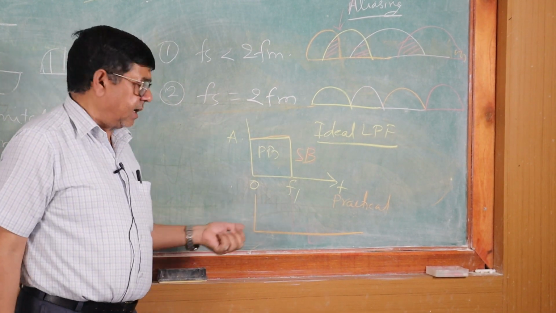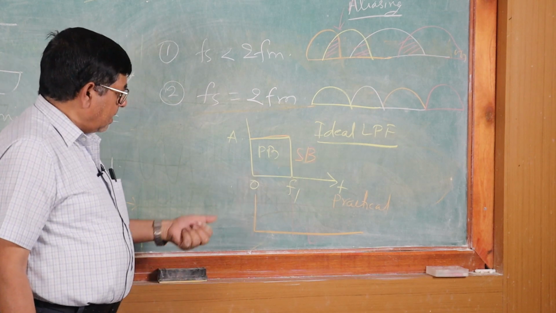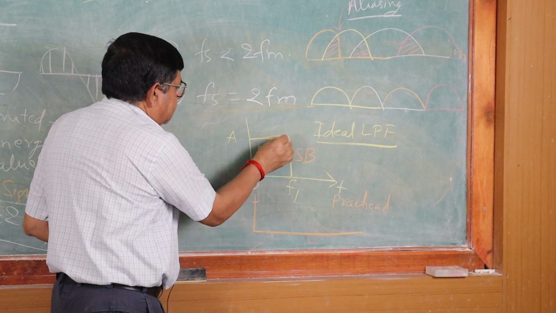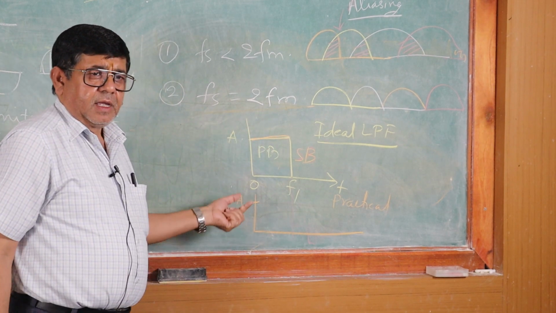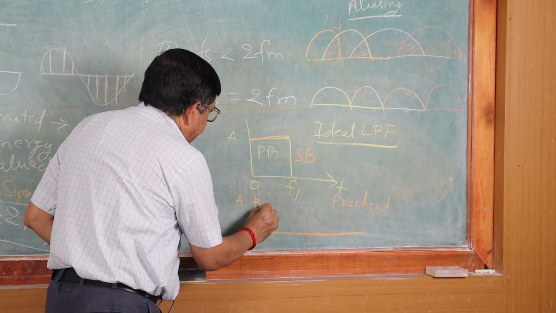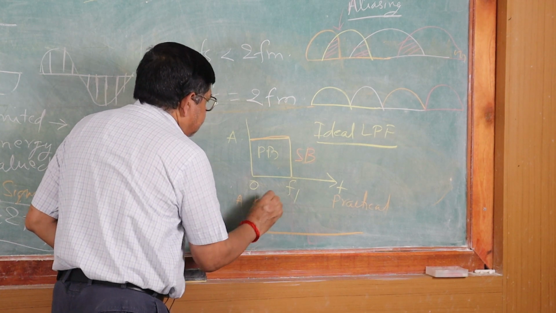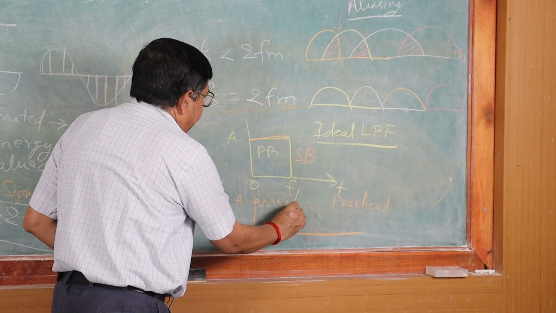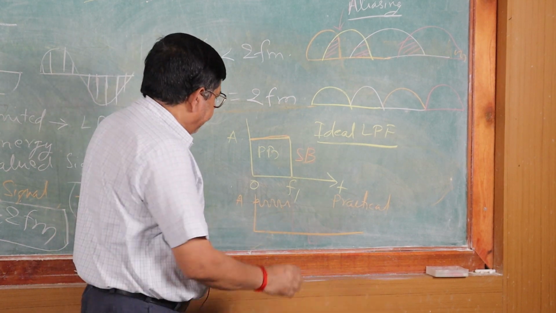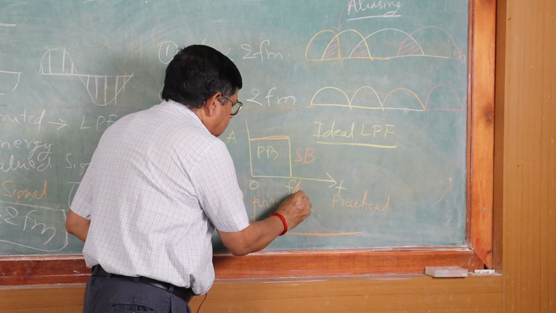Just listen, see here. In a practical low pass filter, let us say this is your A. In the ideal filter the amplitude is constant at A, but in a practical low pass filter it will not be constant. It will have ripples. It will keep changing. Now if you observe the Gibbs phenomenon, it can also overshoot.